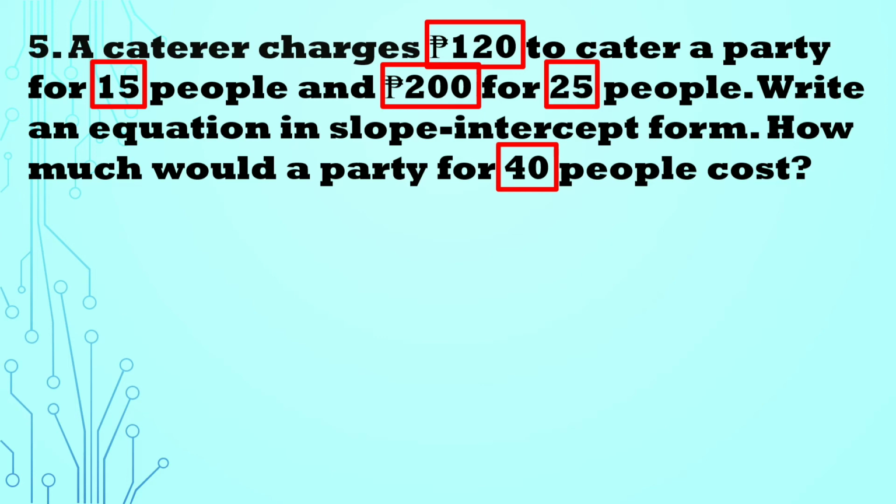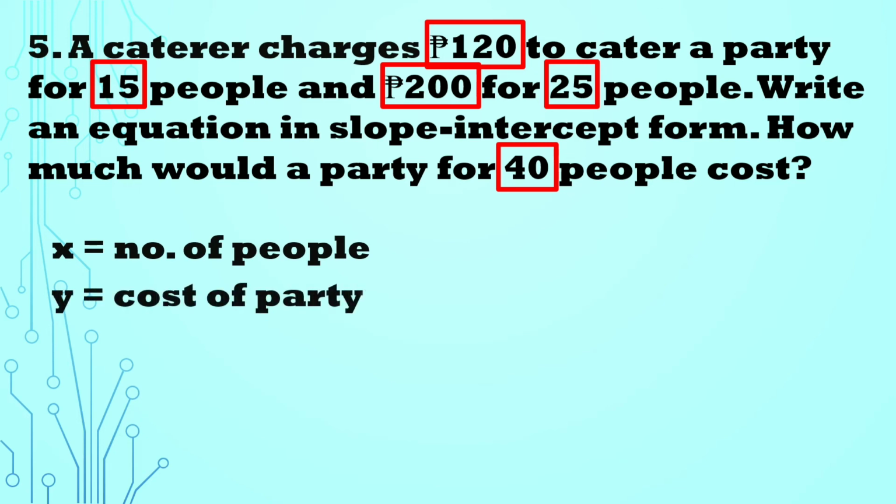So, kailangan nating alamin kung sino si X variable at si Y variable sa ating problem. So, ang ating X variable dito ay yung number of people at ang ating Y variable ay yung cost of party. So, kung napapansin nyo, sa ating problem, wala tayong slope at wala tayong y-intercept.